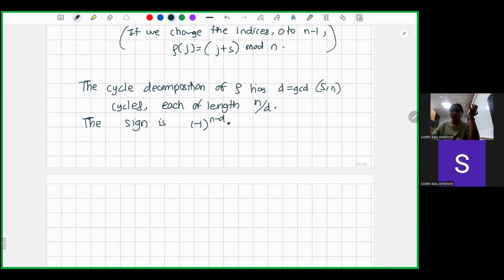You can take an example and see that d is the GCD of s and n, and each cycle has length n by d.